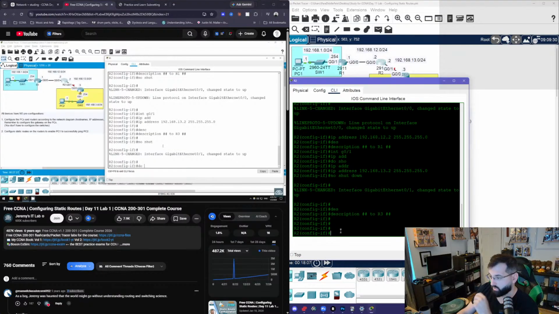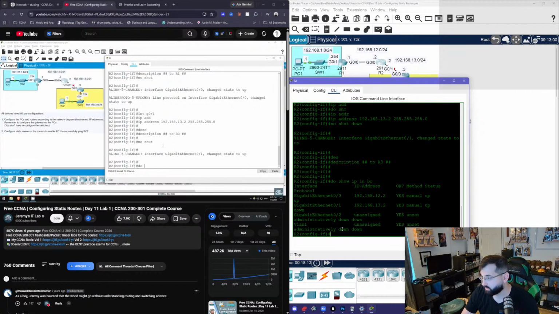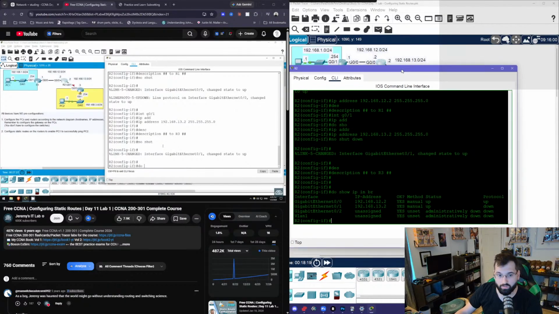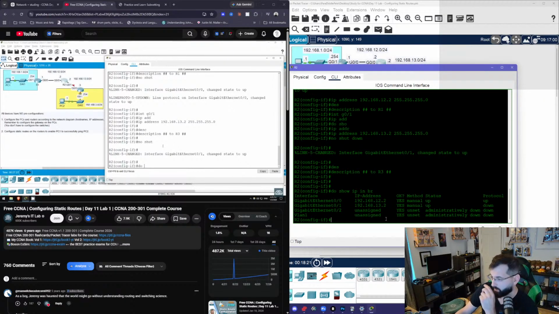Okay, let's check on the interfaces. Do show ip interface brief. Now that's down, and that's because that's what's connecting.